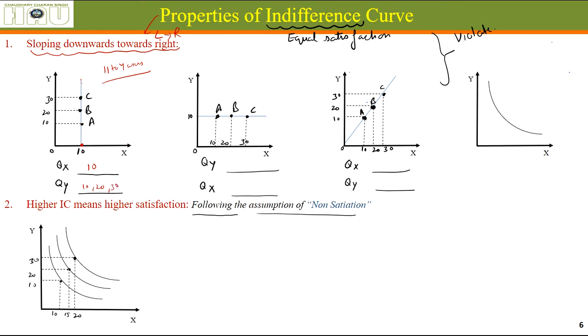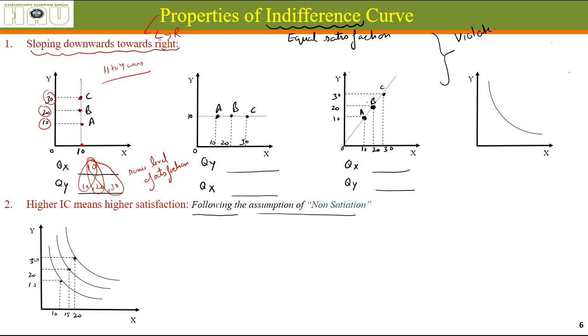An indifference curve means that a person has the same level of satisfaction for a, b and c. But in this case he cannot have the same level of satisfaction on a, b and c because the quantity of y is more and more in these combinations, whereas the quantity of x is the same.